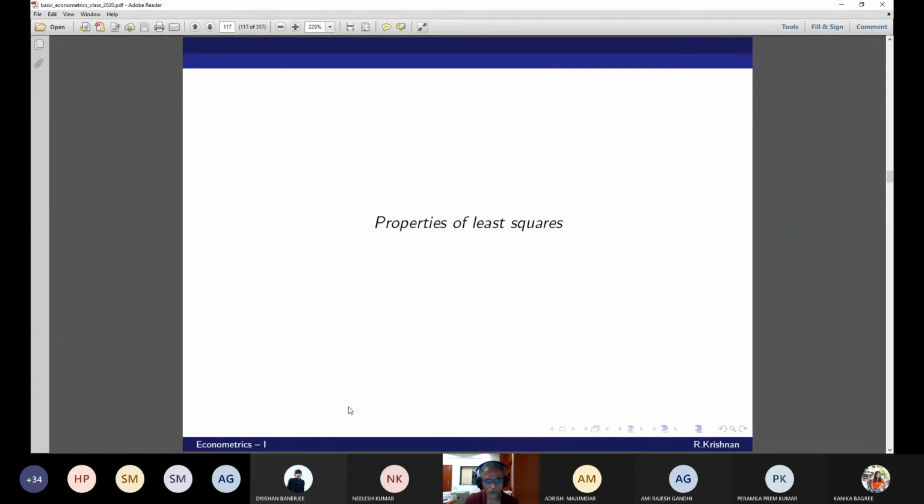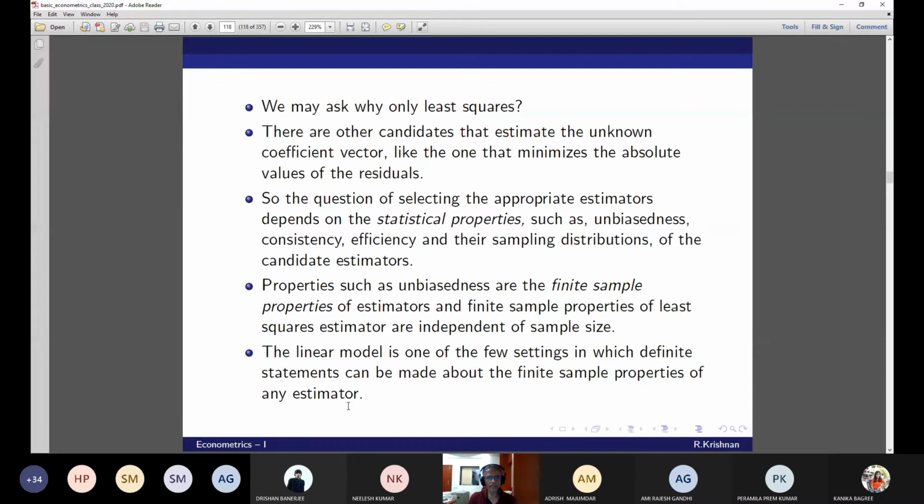Properties of least squares, right? What do you mean by that? Any question? Can you go? Any questions, Rishan? No, sir. Okay, any question? Nilesh Kumar, Kanika, who is this? Ujjaval? Yes, sir. Ujjaval, are you there? Yes, sir.